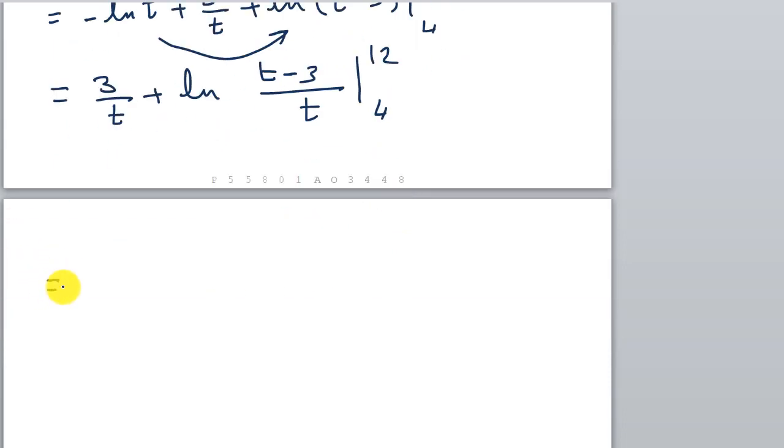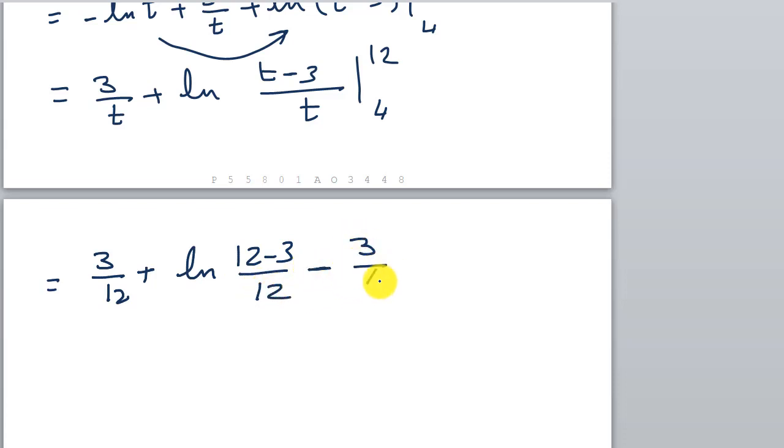So now it's equal to 3 divided by 12 plus ln of (12 minus 3) divided by 12, minus 3 divided by 4 minus ln of (4 minus 3) divided by 4.